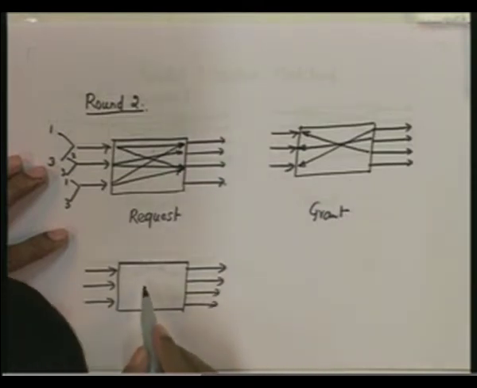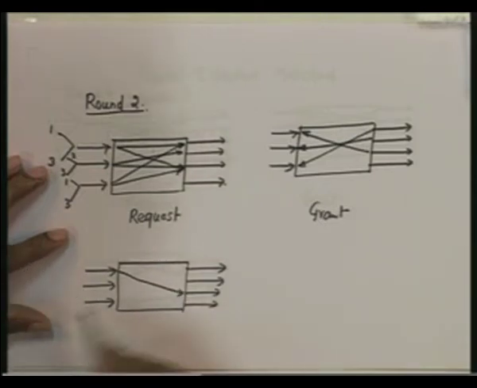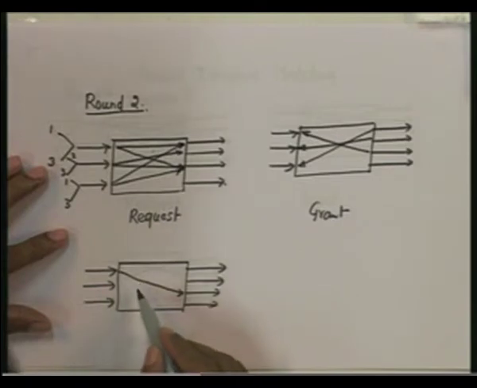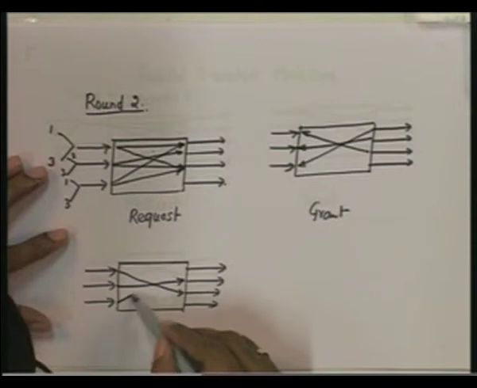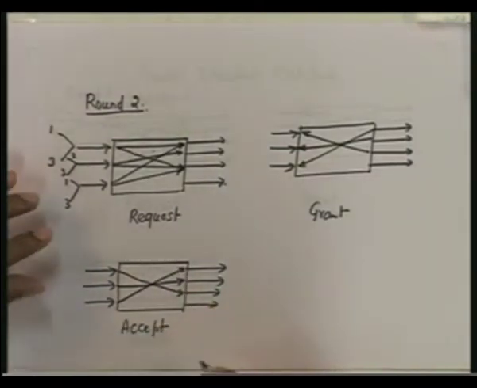So 1 will accept output port 3, 2 will accept output port 2, and 3 will accept output port 1. So this is the accept phase.